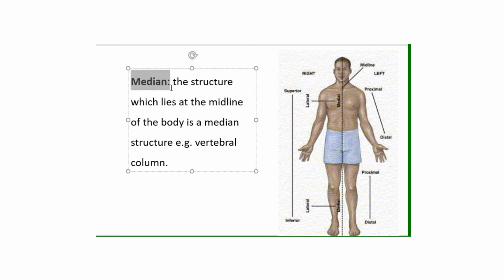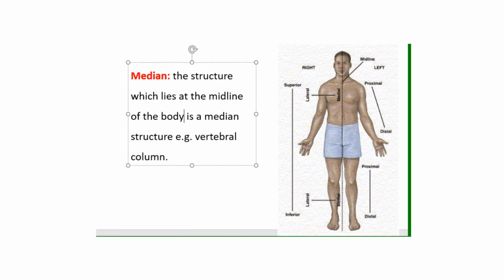Median is the only term which doesn't describe the relation of points to each other, but it describes the point which is present in the median plane, either in the anterior median plane or in the posterior median plane.